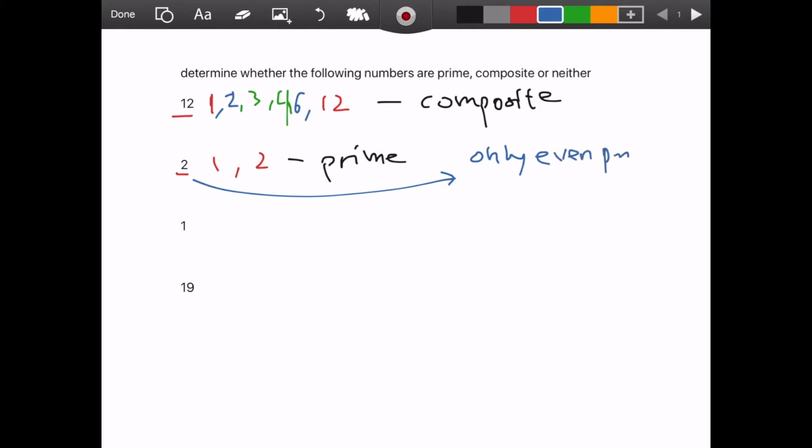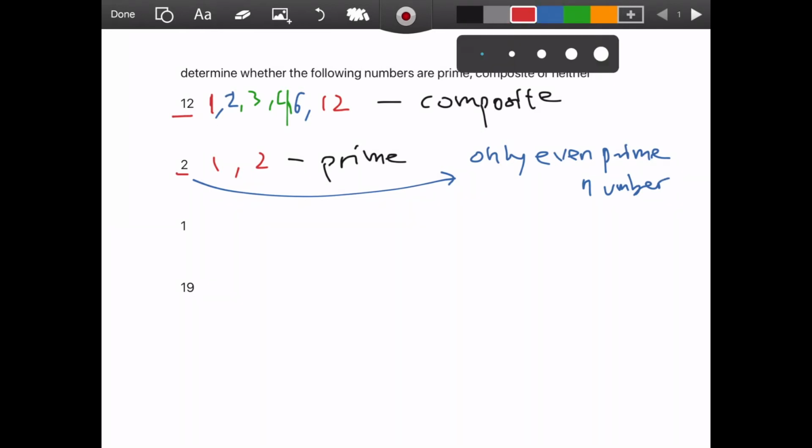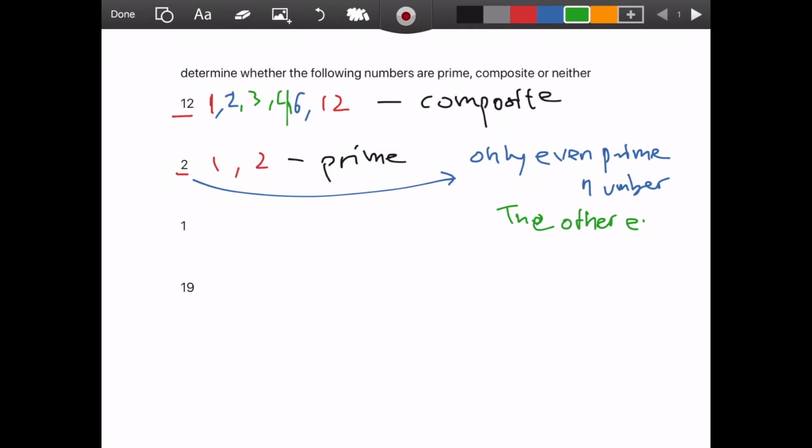Okay, if you think about it, right, all the other even numbers, they are divisible by 1, itself and 2.